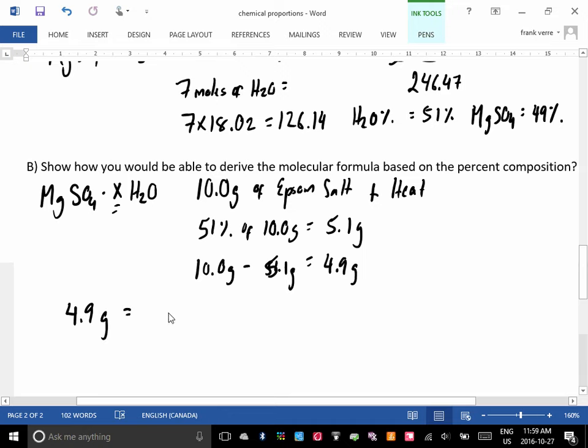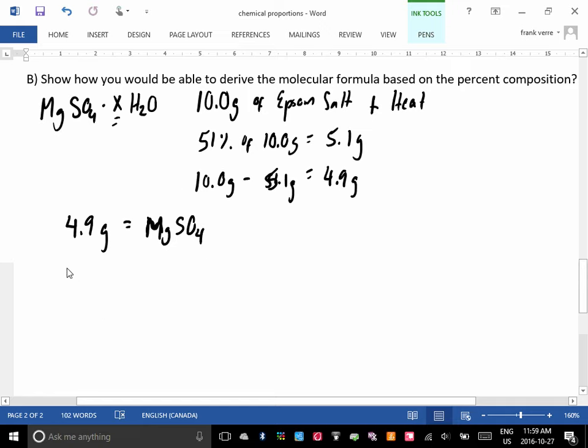What won't evaporate? Magnesium sulfate. Very good. We know the 5.1 grams is the mass of the water. So far, so good?